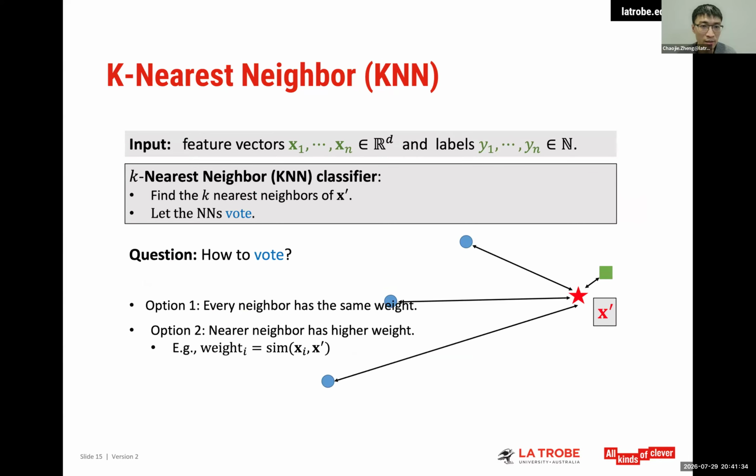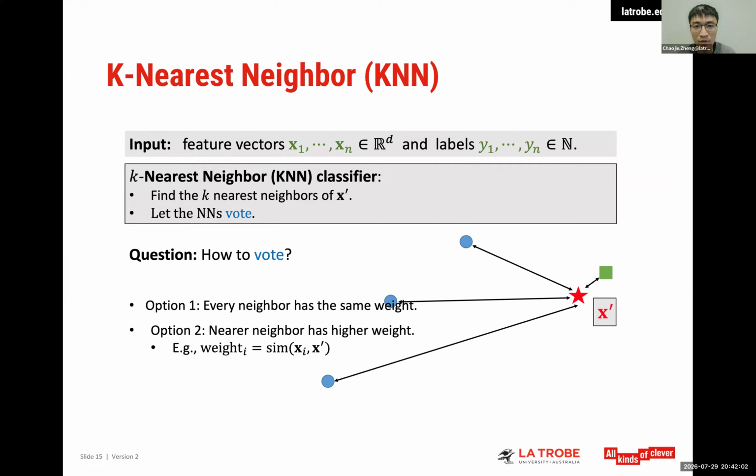Okay, and here is a summary about the two variants for the k nearest neighbor method. The first option is we can let all the neighbors have equal weight. So we simply count how many neighbors come from the blue group and how many data points come from the green group and just compare their numbers.